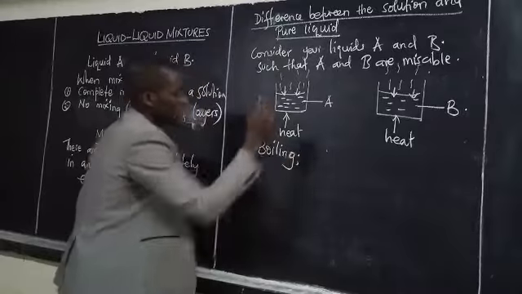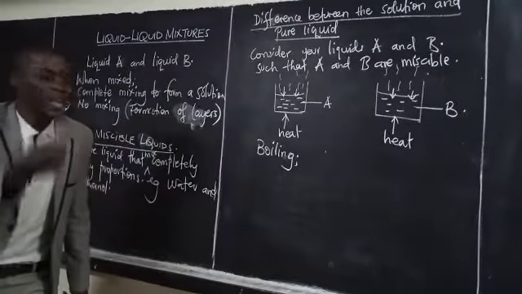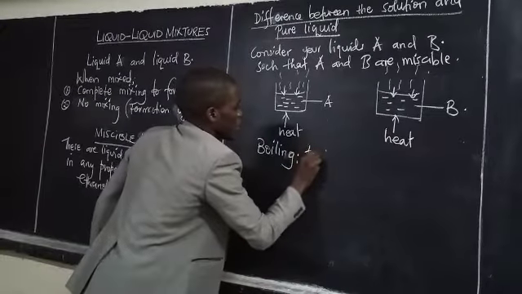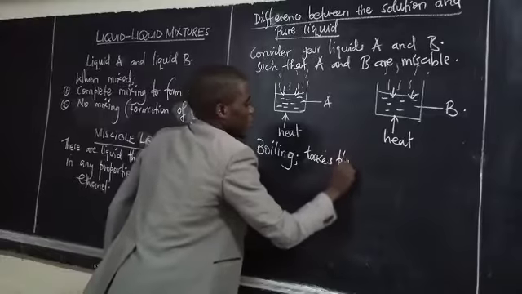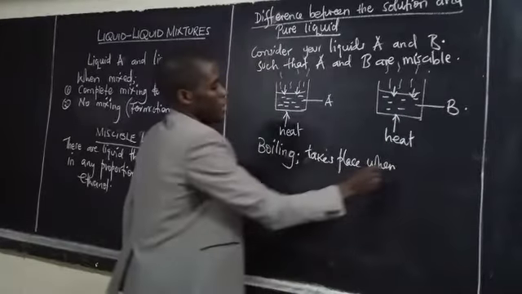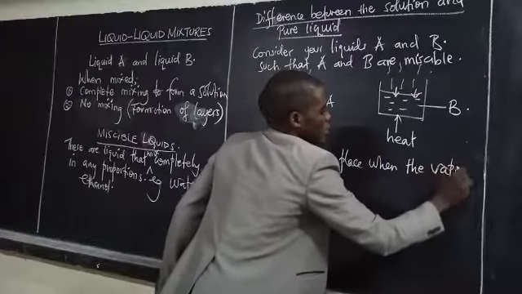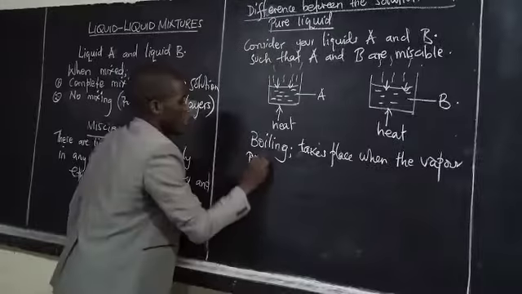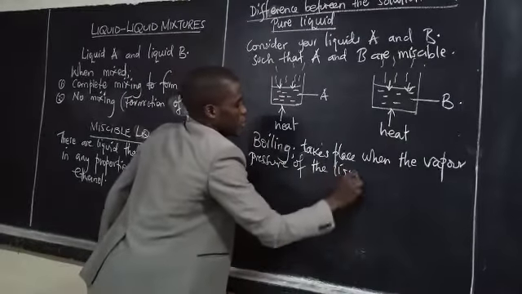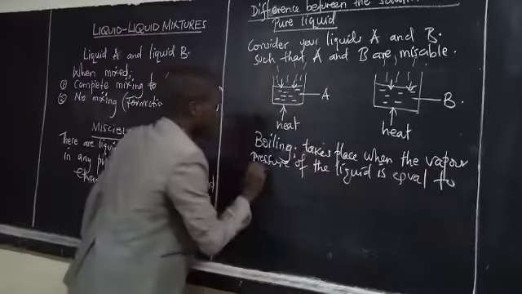When does boiling take place? We used to say that boiling takes place when the vapor pressure of the liquid is equal to the atmospheric pressure.